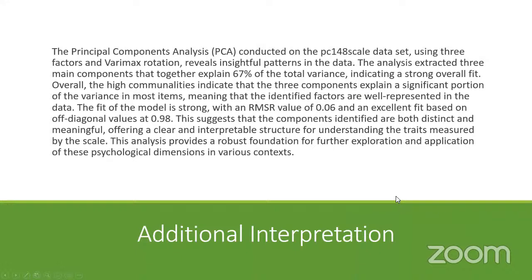The principal component analysis conducted on the PC 148 scale dataset using three factors and varimax rotation reveals insightful patterns in the data. The analysis extracted three main components that together explain 67% of the total variance, indicating a strong overall fit.